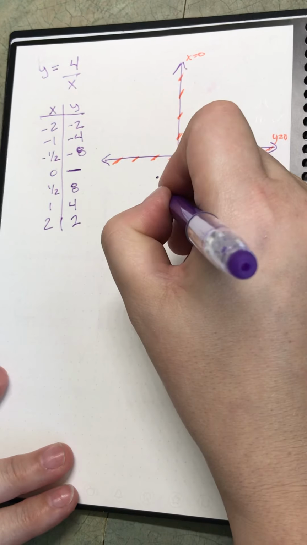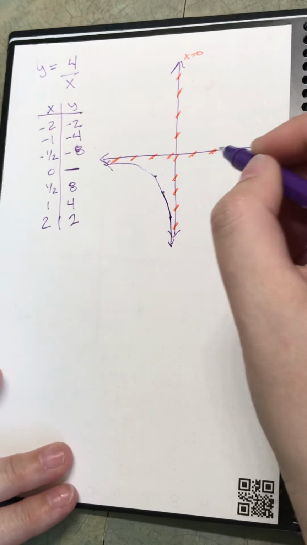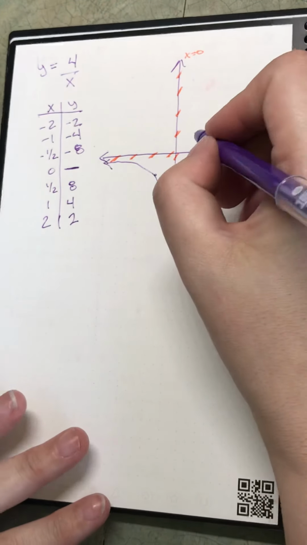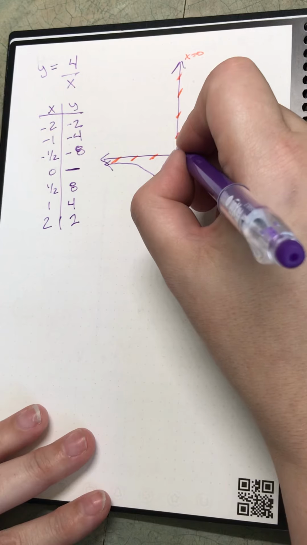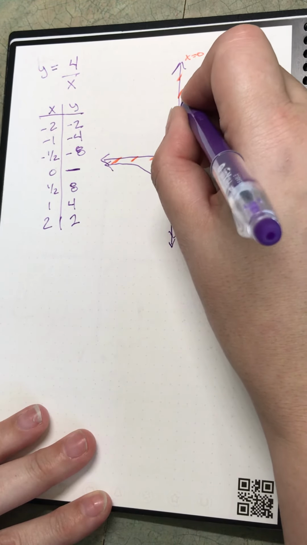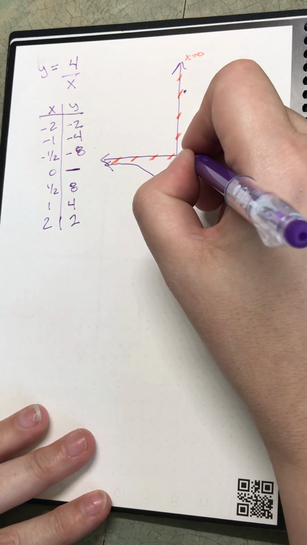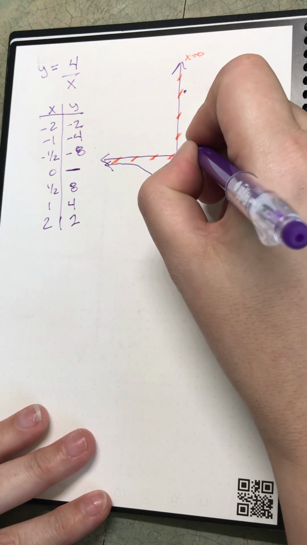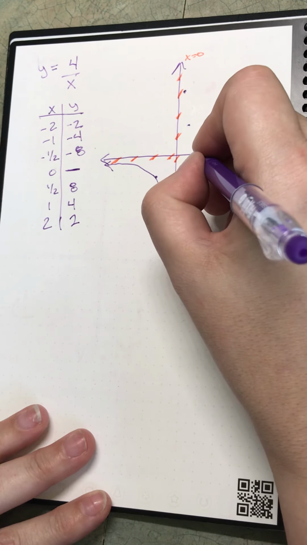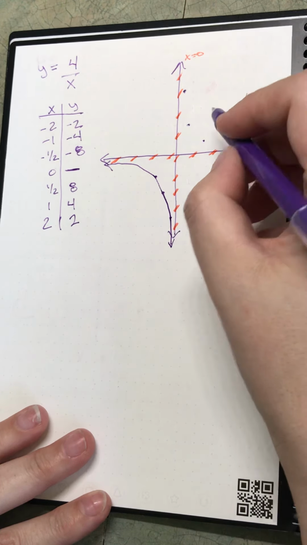So we can see that this one is pulled out further and it stretches a lot faster. Here I have a point at 1/2, +8. I have a point at 1, 4, and I have a point at 2, 2.